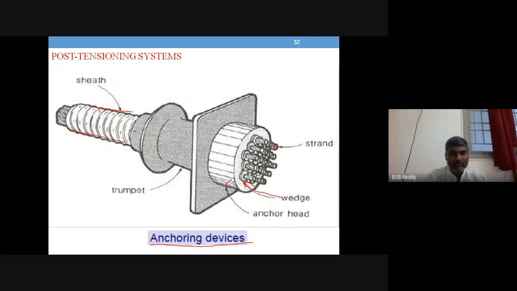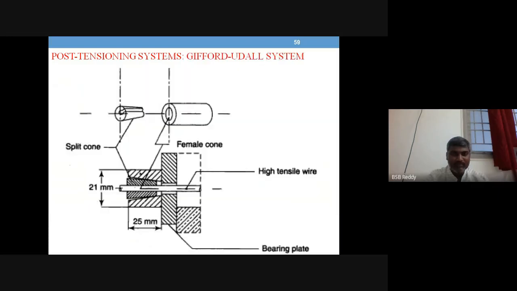Okay, going for the next system, which is called the Gifford-Udall system. As you can see in the picture, there is a split cone available. This is the split cone, and a female cone is also available.